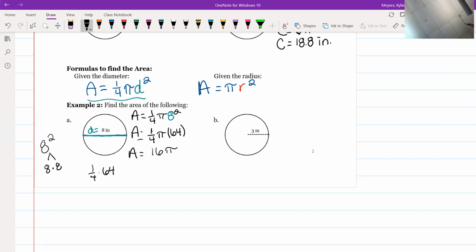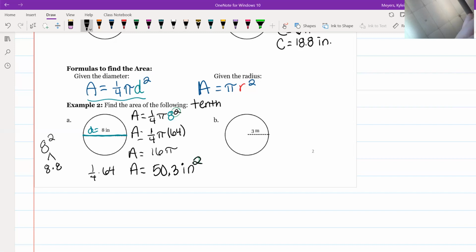Again, round to the tenths place. You do 16 times pi in your calculator, and you'll get 50.3. And again, we label, but because it's area and we squared it, we're going to want to put a squared here as well.